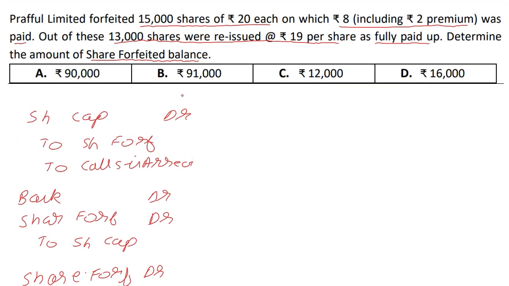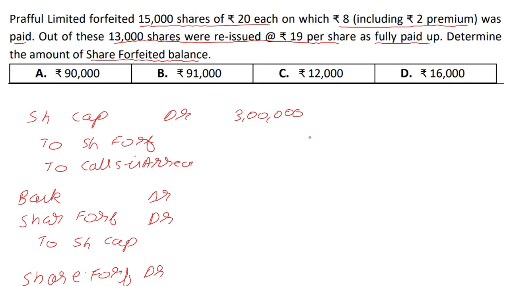When we are thinking about what is happening over here, 15,000 shares of 20 each, we have 3 lakhs to share forfeiture and calls in arrears.